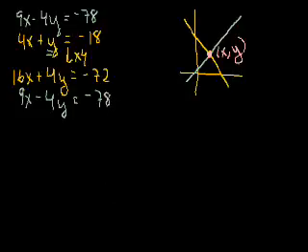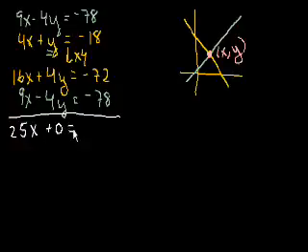Okay. Well, now if we were to add these two equations, when you add equations, you just add the left side and you add the right side. Well, when you add, you have 16x plus 9x. Well, that equals 25x. 16 plus 9. 4y minus 4y just equals 0, so that's plus 0, equals, and then we have minus 72 minus 78.